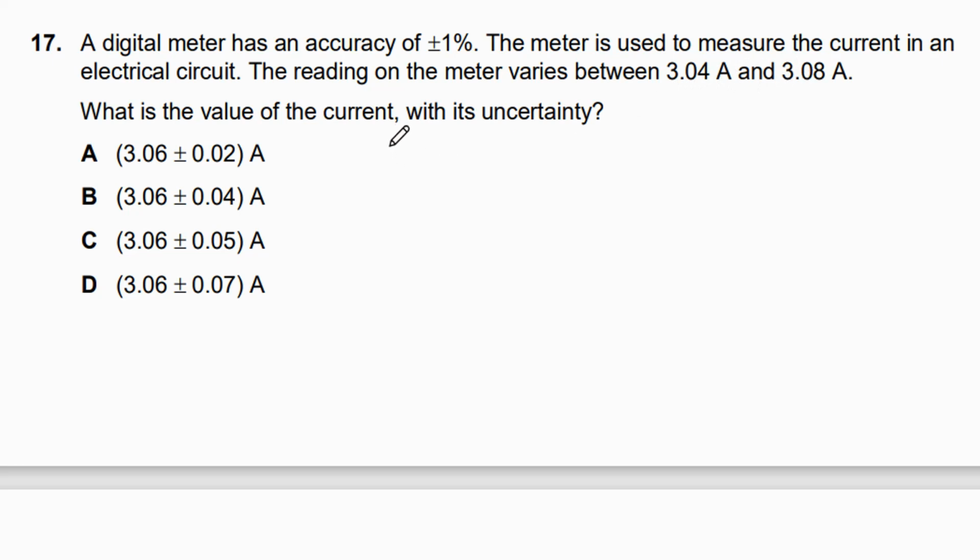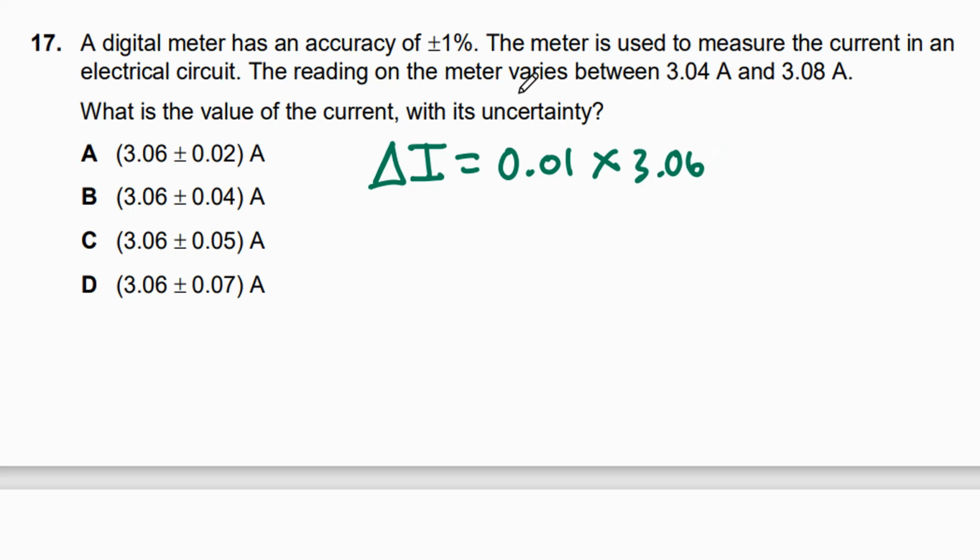We need to find the absolute uncertainty, delta I. Now, if the meter didn't vary between these two values, the absolute uncertainty would simply be 1%, so 0.01 of our reading here, 3.06.